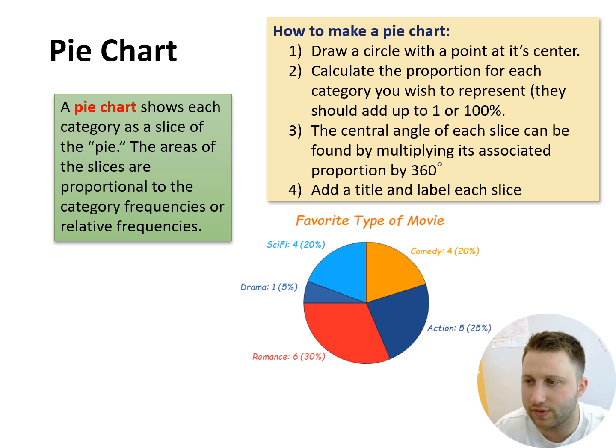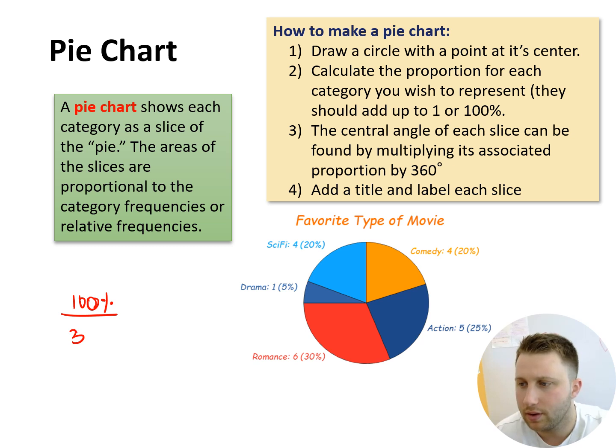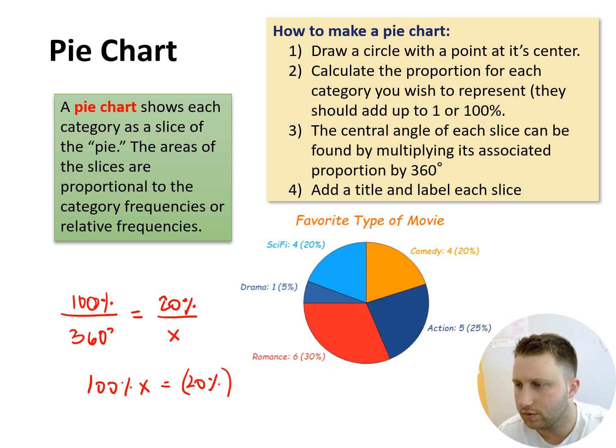But essentially you would say 100% is to 360 degrees, as 20% is to x, okay? And then again, you just get 100% x equals 20% times 360 degrees, right?